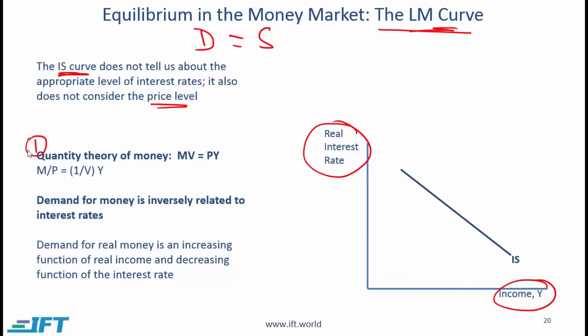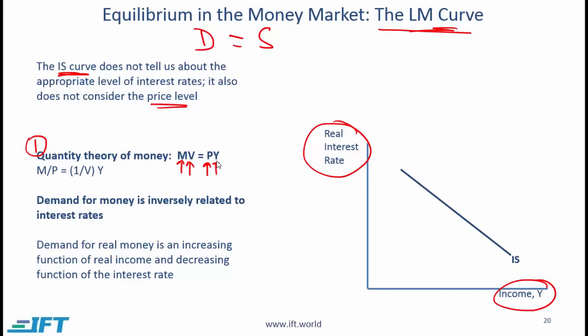The first important concept is related to the quantity theory of money, which says that the nominal money supply, M, times velocity, this is a measure of the circulation of money, is equal to price level times expenditure.